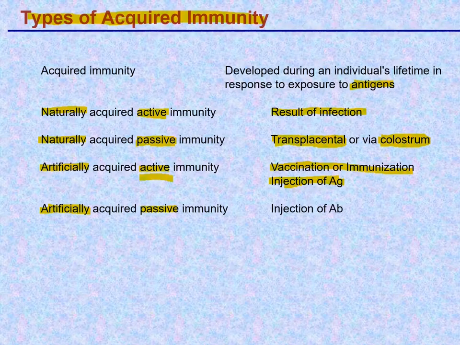You get injected with some protein molecule that's found on the surface of a bacteria, or a protein that's found in the protein coat of a virus. And by injecting that in, your immune system responds actively and you acquire immunity. So you have artificially acquired active immunity with vaccination.